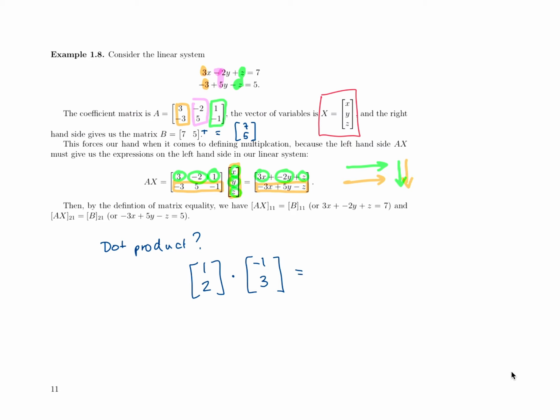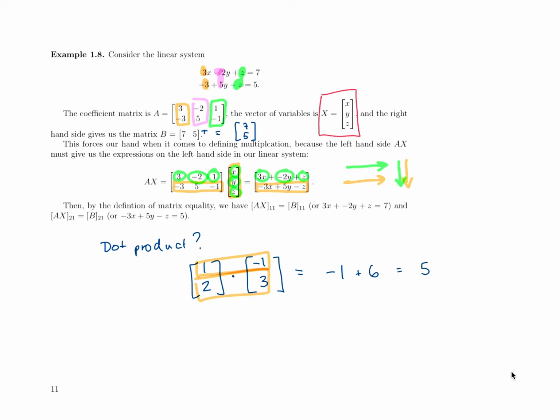What I do with the dot product is I just match up the corresponding entries. So I take 1 times -1, and I get -1. And then I take 2 times 3, and I add that to the first thing that I got, so I get plus 6. And of course, then we could add that together and we get 5 here.